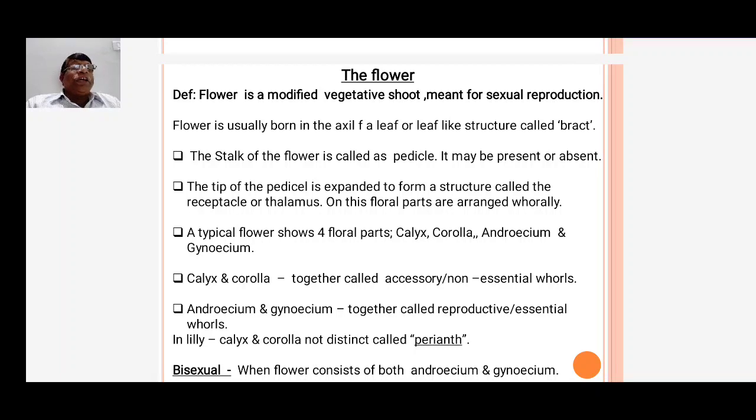That is, instead of giving vegetative shoot or branch, it modifies into floral bud and produces the flower. For what purpose is flower produced? Flower is always produced for reproduction. So what is flower? Flower is a modified vegetative shoot meant for sexual reproduction.